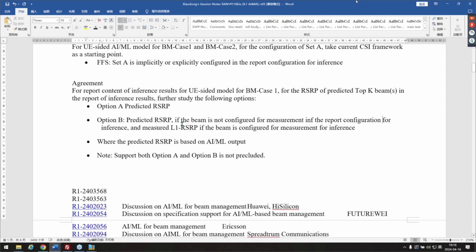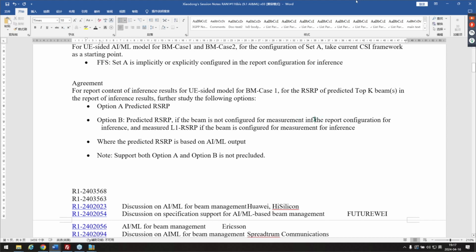Do you think that we need to indicate such kind of information? Okay, it's report for inference. Configuration, just configuration does not indicate whether the configuration is just used for inference, right? Purpose. Yeah, Keith.